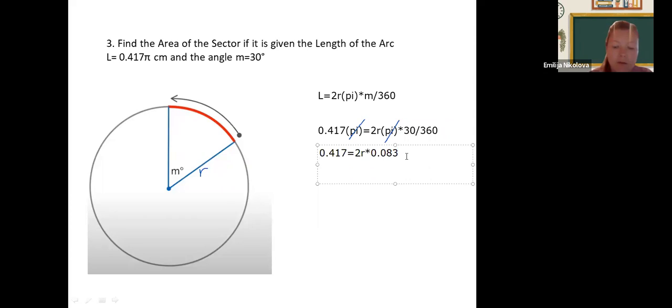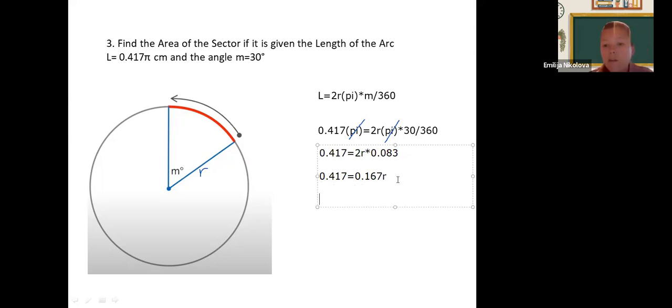Now, given that, again I copy on this side, and on the other side I need to multiply 2 by this number. So I multiply 2 times 0.083, and I get 0.167 times r.